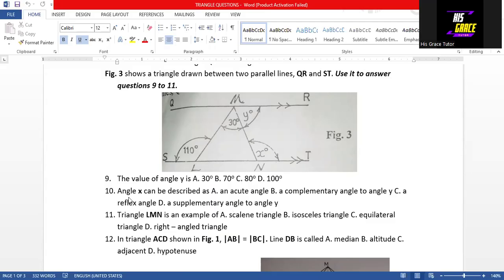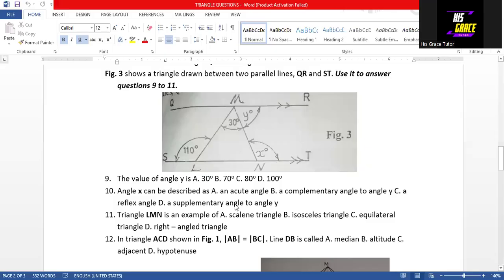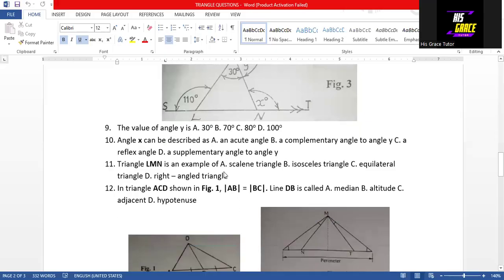Then question 10. Angle X can be described as supplementary angle. Supplementary angles are the angles that we add together and their sum is 180.